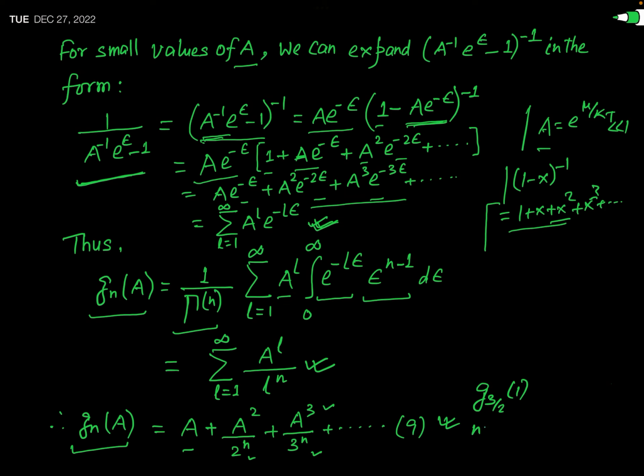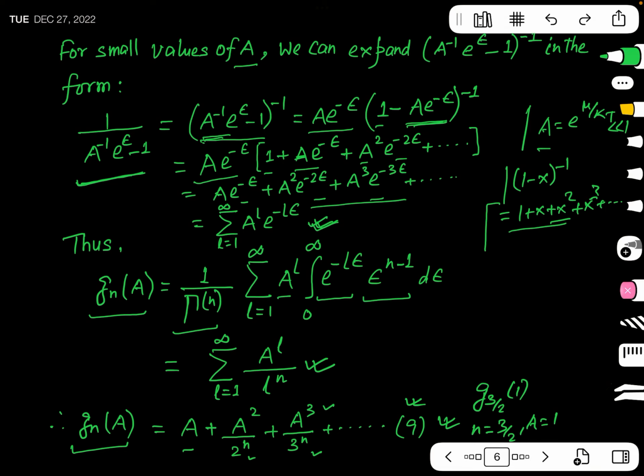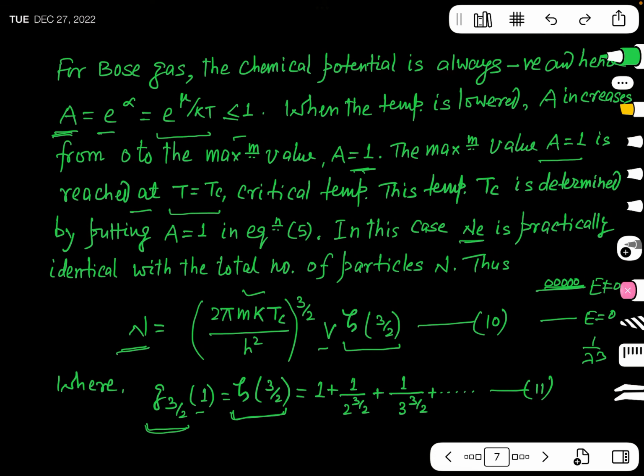Here n will be equal to 3 by 2 and A is equal to 1. So substituting A equal to 1 and n equal to 3 by 2 in this equation 9, we can find G3 by 2 of 1, which has been written as zeta 3 by 2, which is actually called Riemann zeta function.